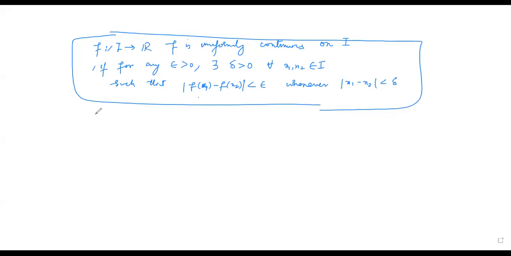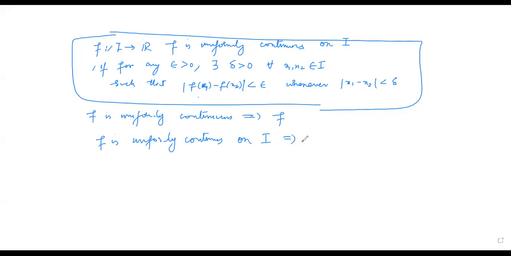Then we showed, it's obvious that if f is uniformly continuous on an interval I, then it implies that f is continuous on I. Continuous on I means at each point of this domain, of this interval.